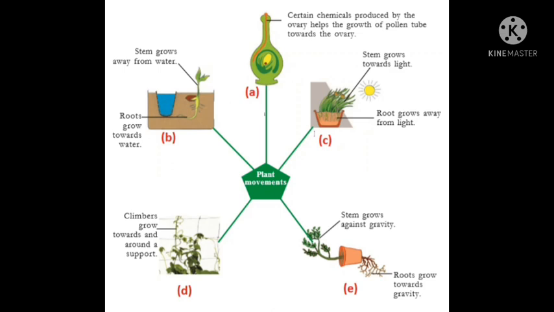I think you get an overall idea about plant movement. Now I will show a slide with the pictures of various plant movements. You have to observe and read carefully, then try to find out the plant movements. Okay, clear? In the first picture, we can see the growth of pollen tube towards the ovary.